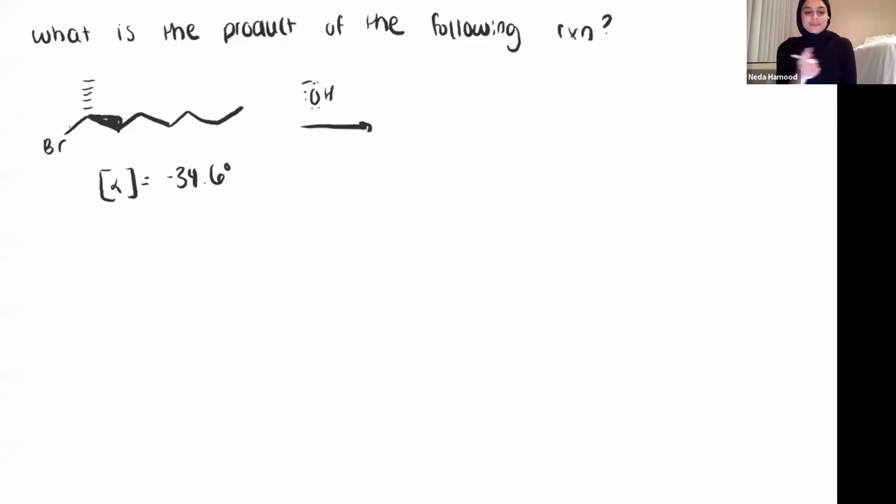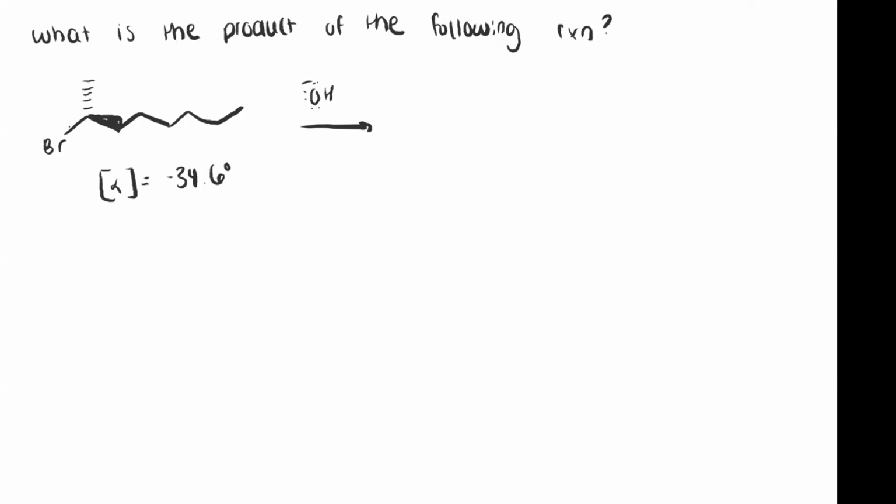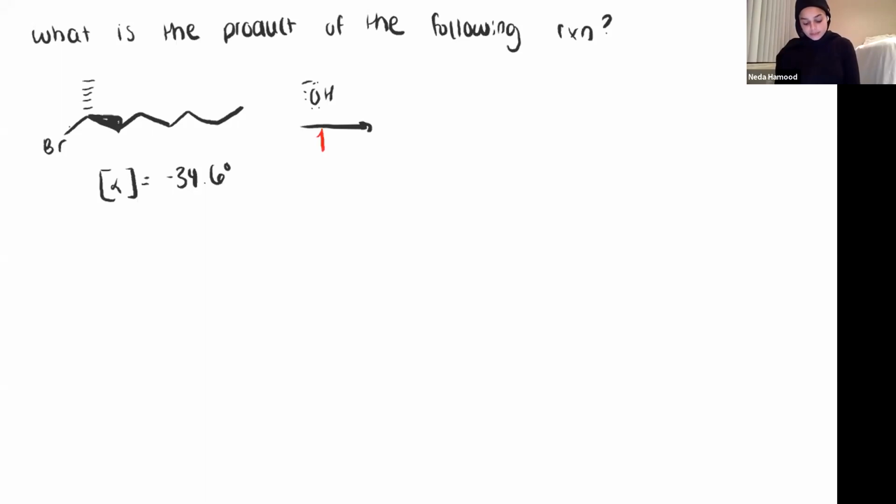Anyways, over here, do you guys think this is going to be SN1 or SN2? Is that a wedge in the second part? It is a wedge, yeah. SN1. Yeah, SN1. So technically it's secondary, so it could be either one, but this is protic. So then our products look like this.